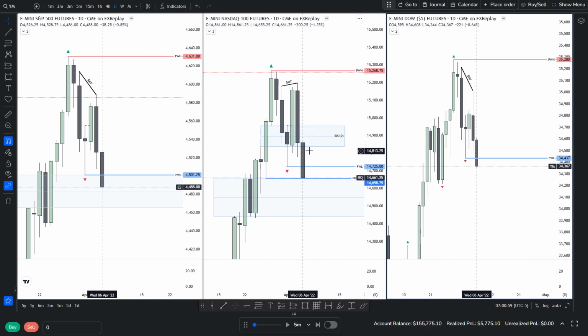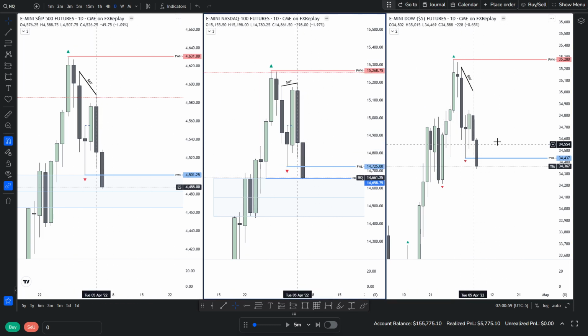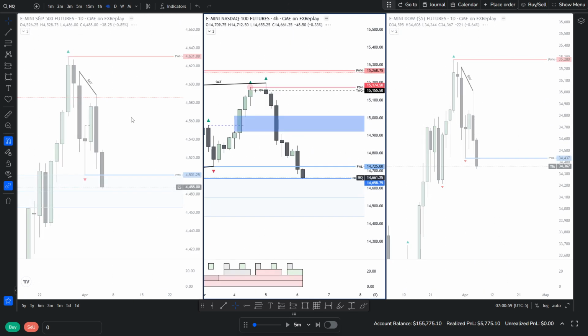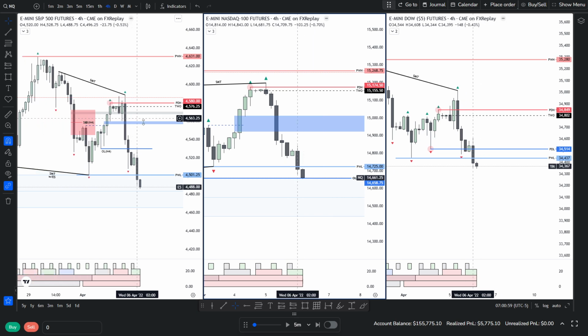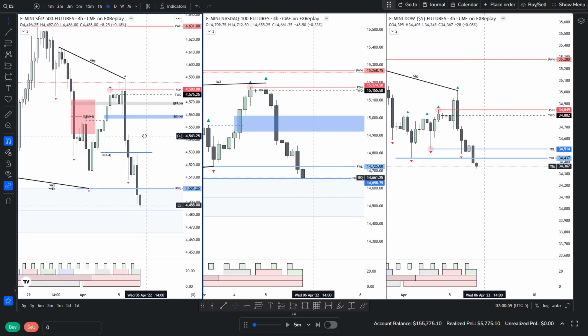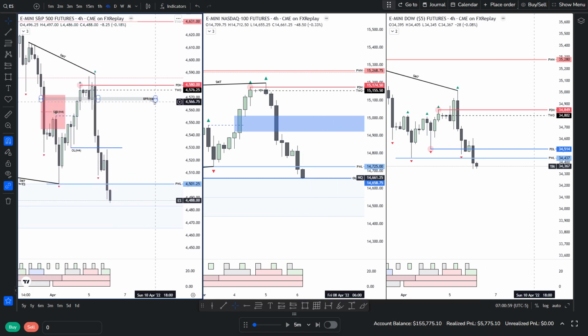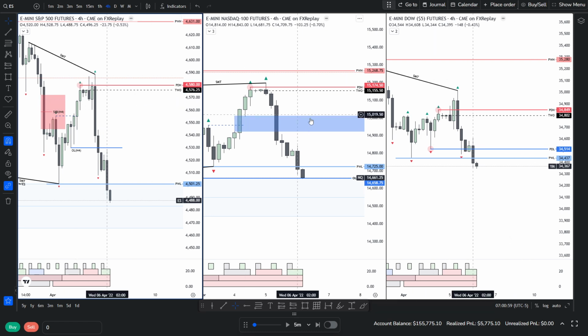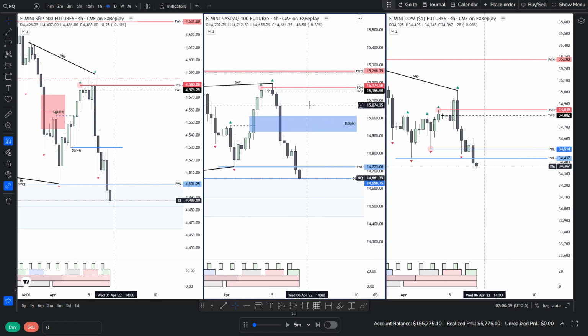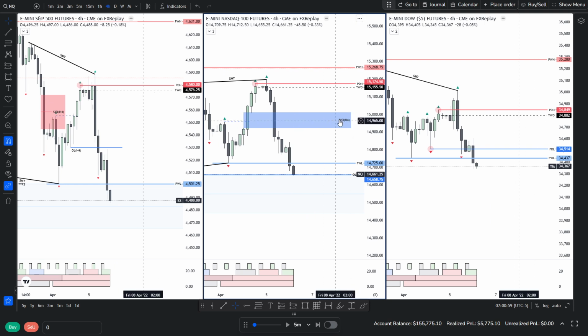So daily, we've obviously got rid of that. It's not necessary. Drop down to the 4 hour. Get rid of this here. Get rid of that. That's actually a BPR.